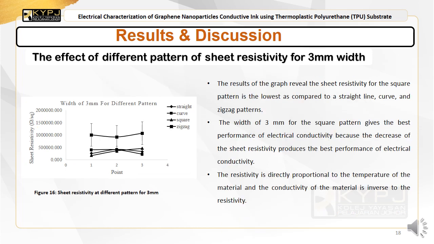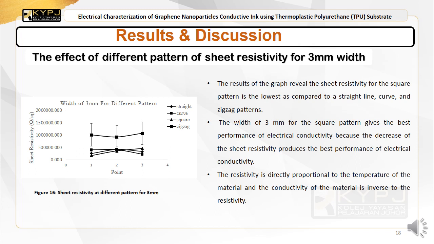Figure 16 shows the sheet resistivity against 3 mm width at 3 different points for different types of patterns. The result of the graph reveals the sheet resistivity for the square pattern is the lowest compared to the straight line, curve, and zigzag patterns.